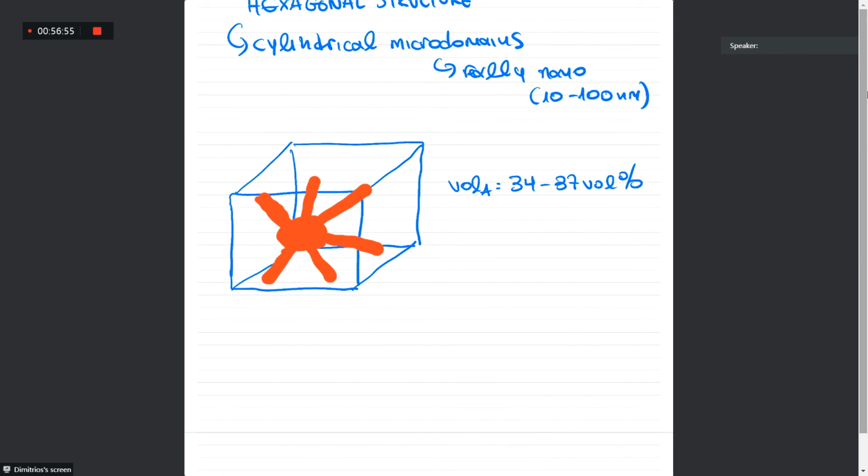And here we have holes. I told you this is a gyroidal structure, and this structure essentially is called bicontiguous.